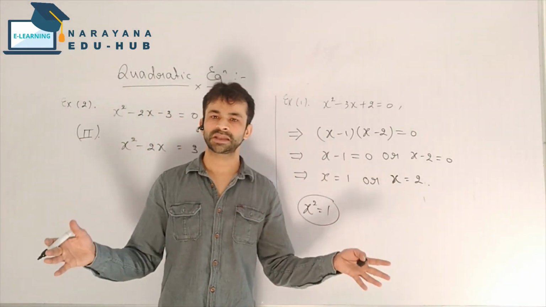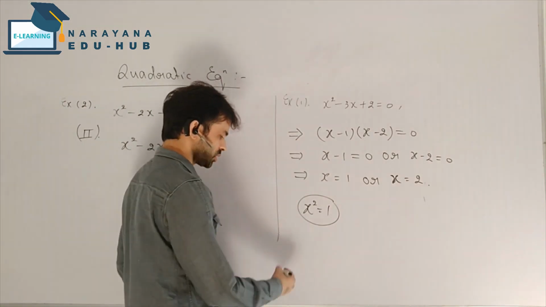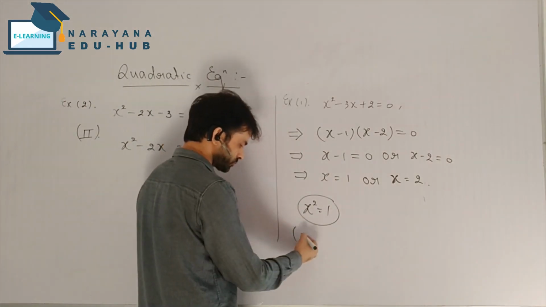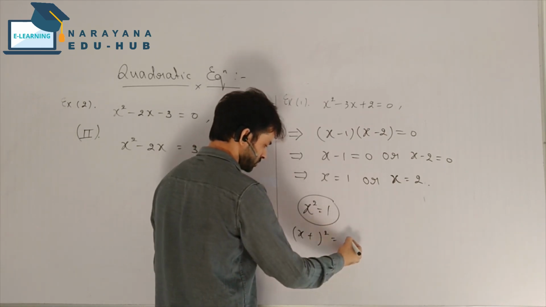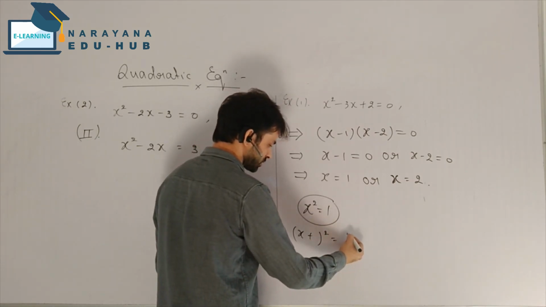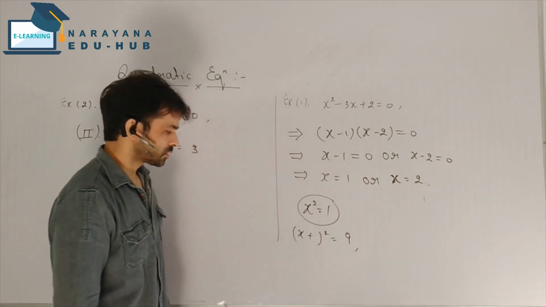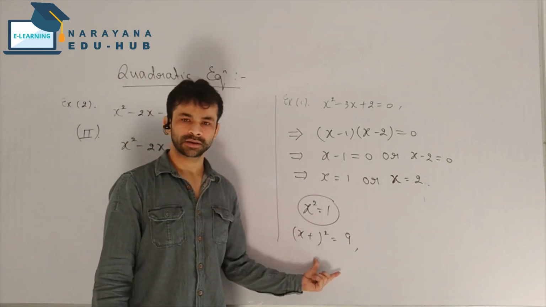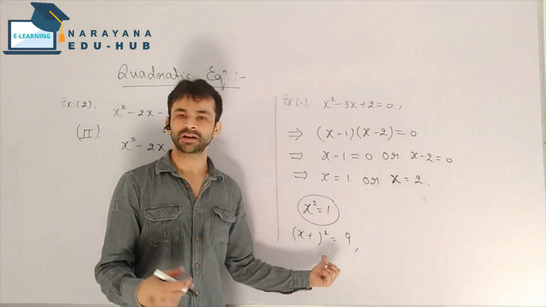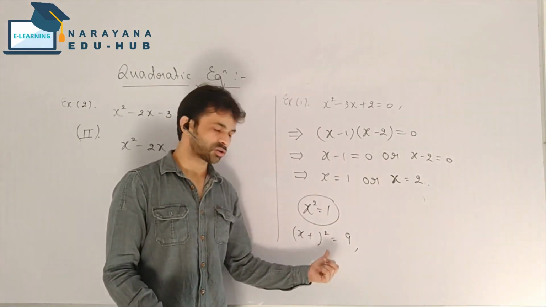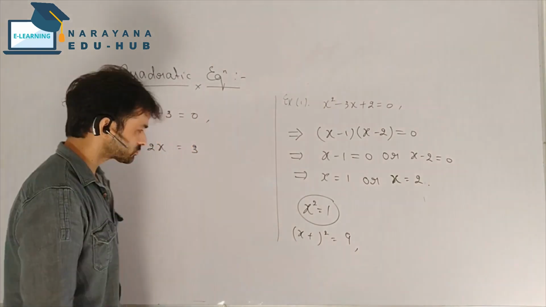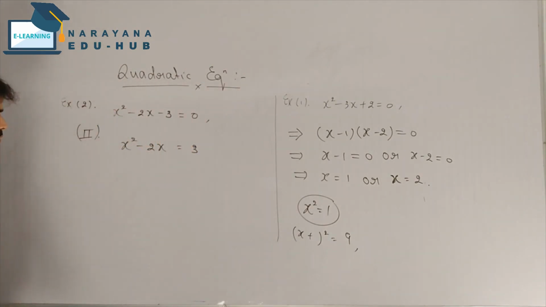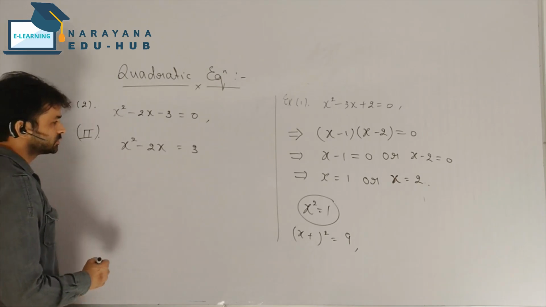If you have something square, like x plus something whole square is equal to something, let's say 9, you can easily find the square roots, and then x, which will have two values, as a square root has two values.